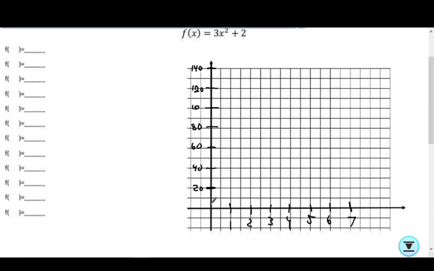At 0, we're somewhere here. We're not at 0, we're at like 2. Now, you could use a calculator to help you sketch it to see what it looks like.